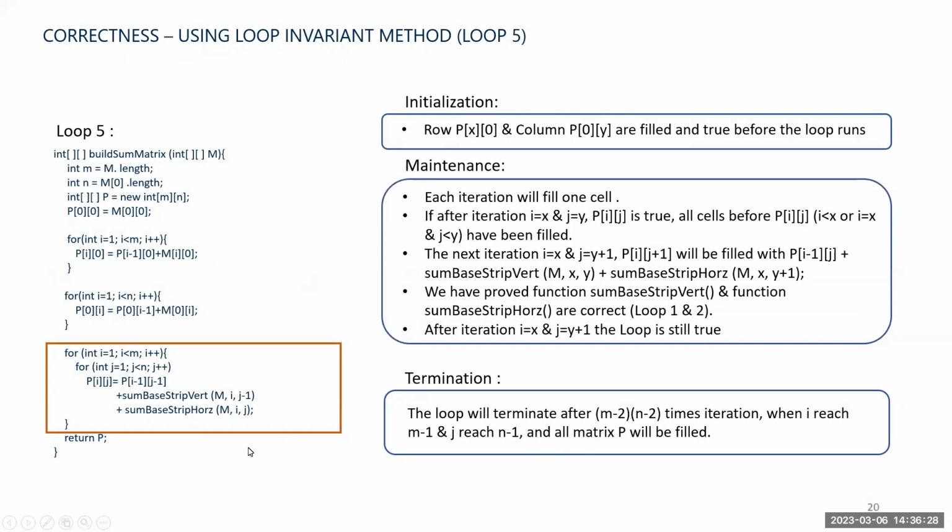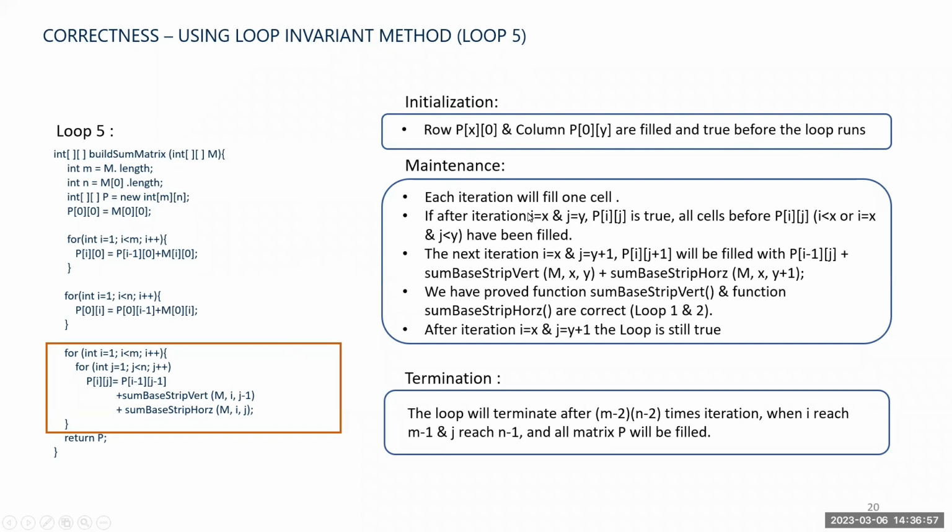Loop 5 is this loop to build the regular rectangle of the matrix. Initialization: row Px0 and column P0y are filled and true before the loop runs. This is from the previous loops 3 and 4.